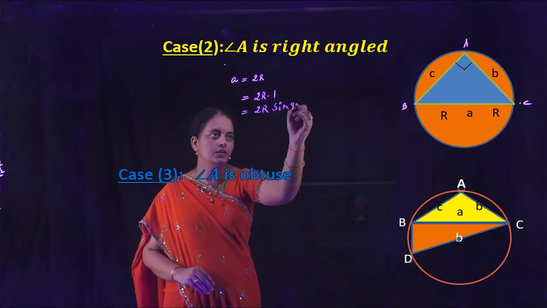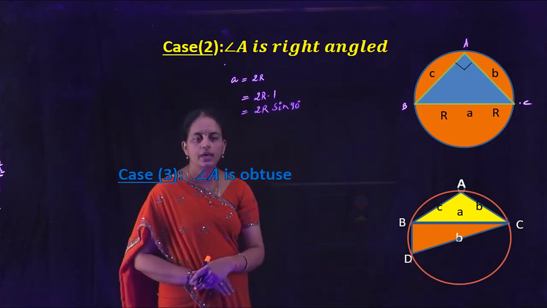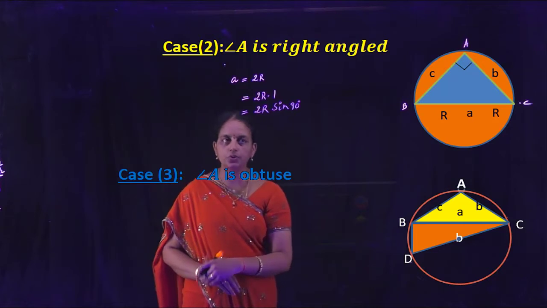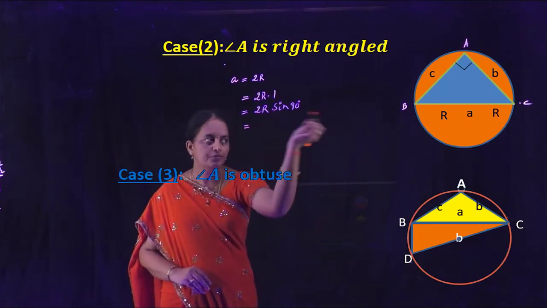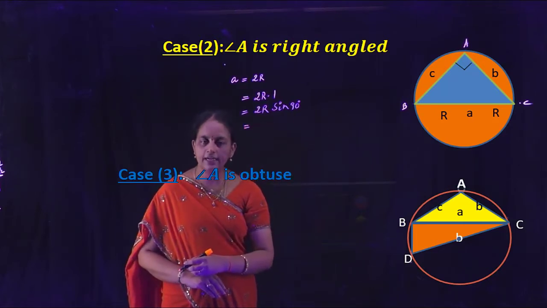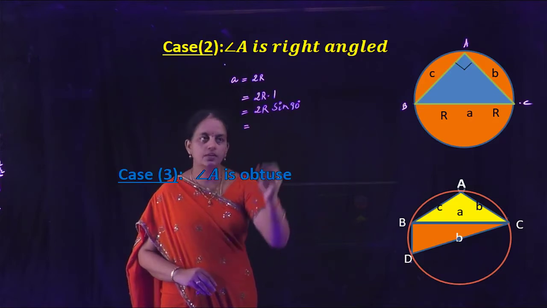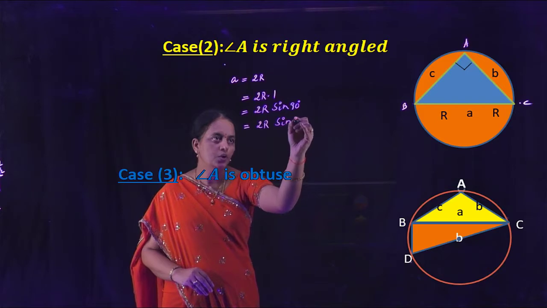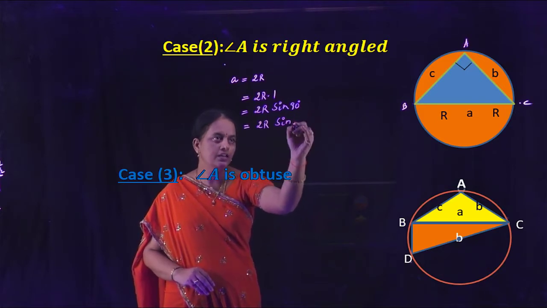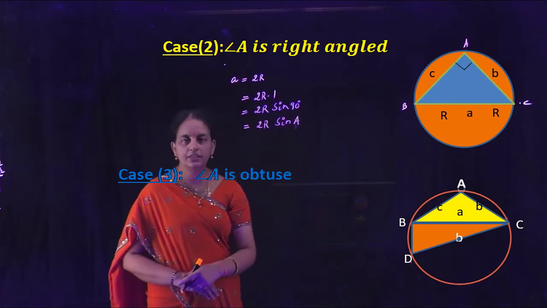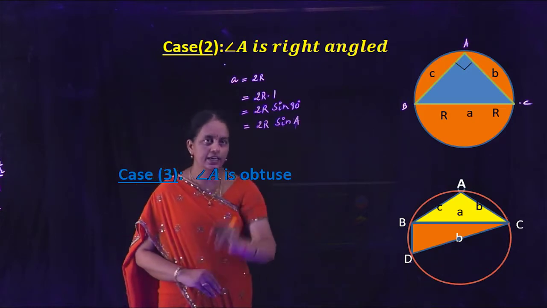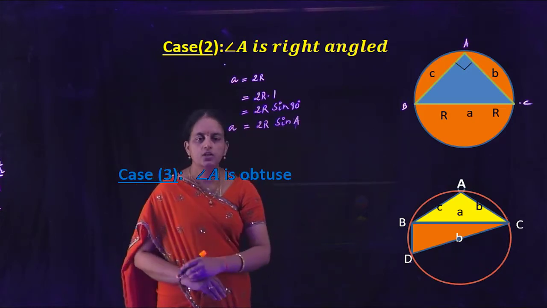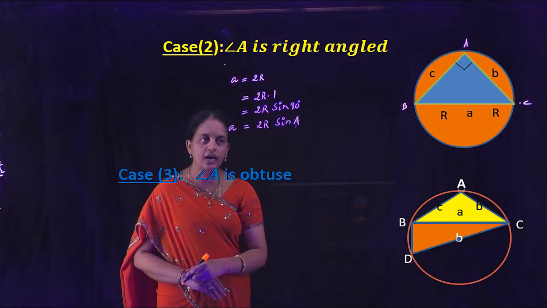So, a is equal to 2R into sin 90, and from the figure angle A is a right angle. That means angle A is equal to 90 degrees. So, in place of 90, we can substitute angle A. Therefore, we get small a is equal to 2R sin A.